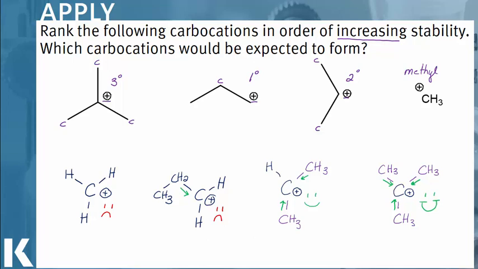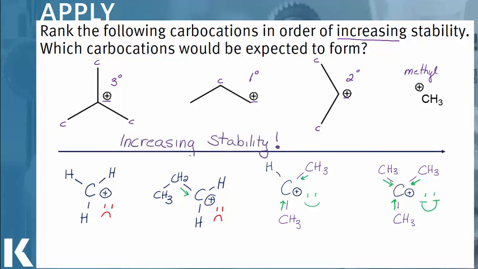So the general trend that we see as we go from methyl to primary to secondary to tertiary, we get more and more stable, with the methyl carbocation being the most unstable and the tertiary carbocation being the most stable.